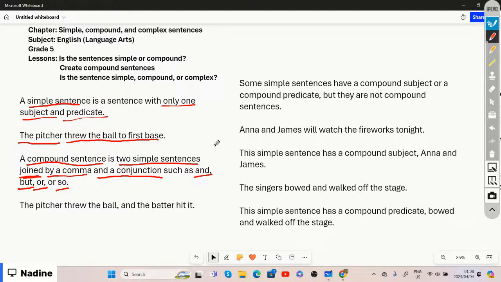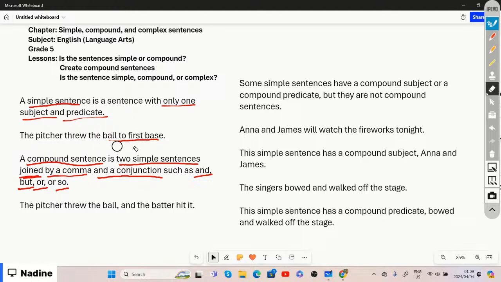So it's like the verb. Yeah, it's basically the action, the phrase that shows the action. Let me just make an example again for you.